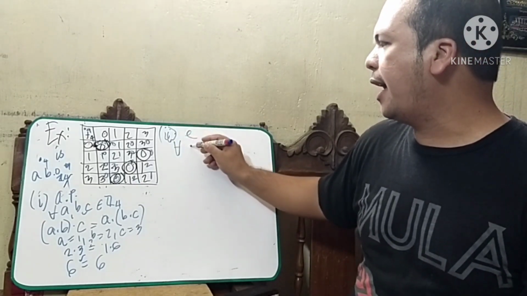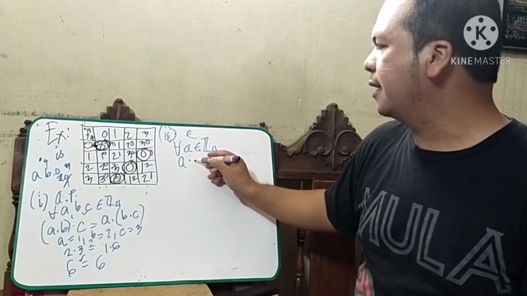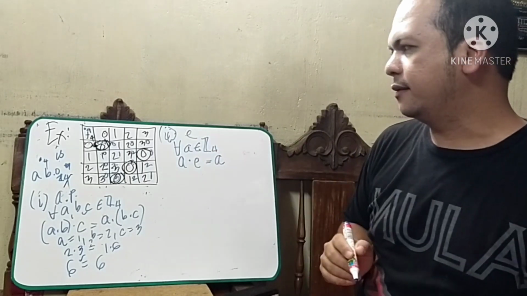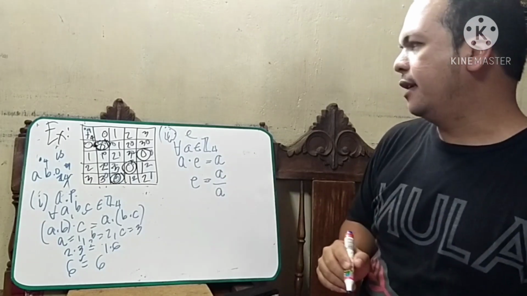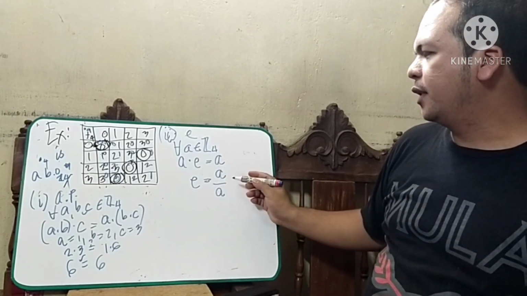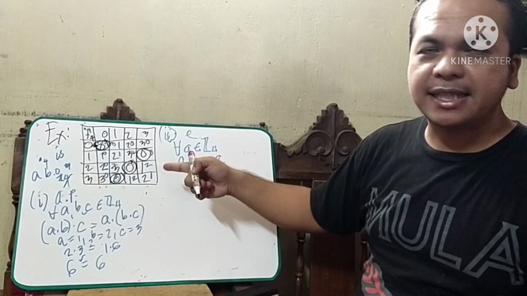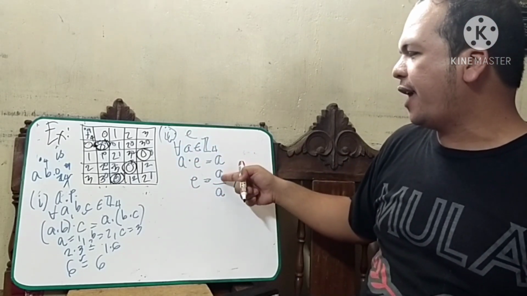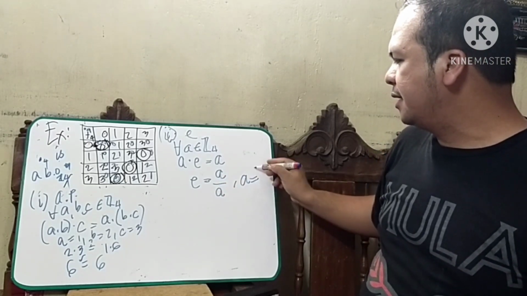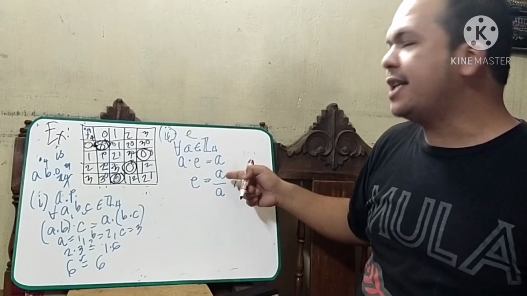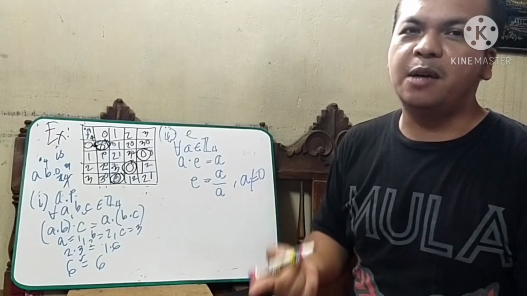So for all A in Z4, A times E is equal to A. Okay, so we have E is equal to A over A. Again, all the elements can be written in the form of A over A except for 0, because when A is equal to 0, then it becomes 0 over 0, and that is indeterminate form.